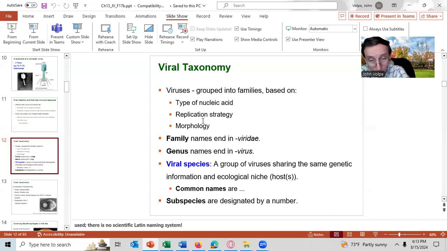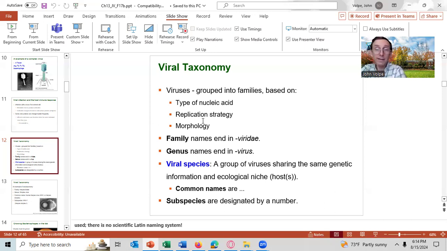And then when non-English speakers started studying viruses, they simply adopted the English name. So poliovirus is used worldwide to name the poliovirus. Any question about that? You guys should be happy about that because you don't need to know any Latin names for the species. You just need to know the common English name.